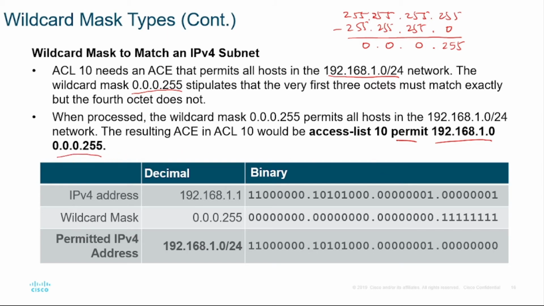Remember, we are still using a standard access list wherein source IP version 4 is being used as an argument and the wildcard mask.